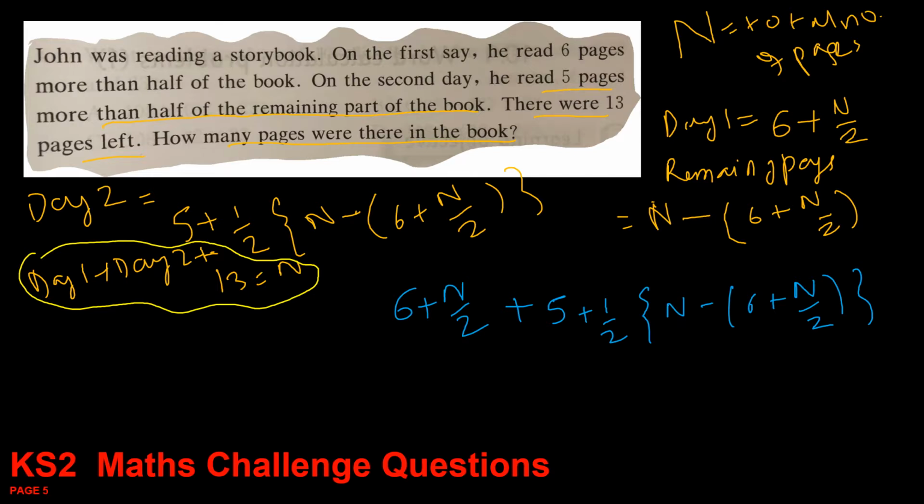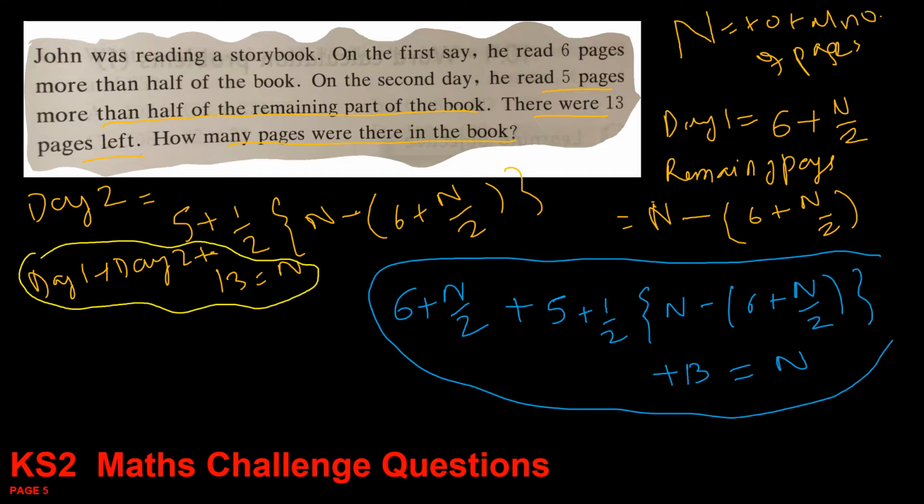That is day 2, and then there are still 13 pages left. So we have to add 13, and that equals n. This is the equation that we have to solve to find out what n is.